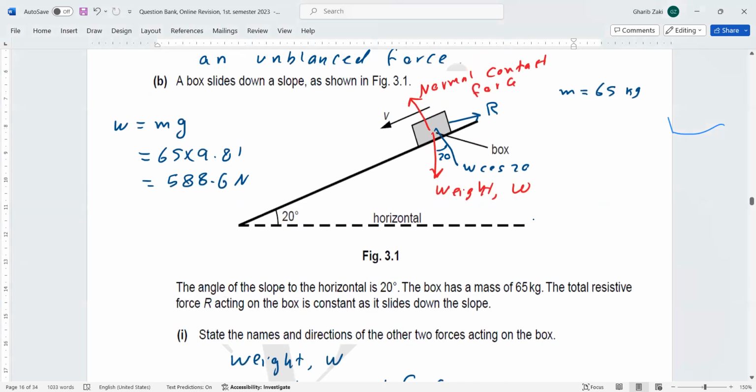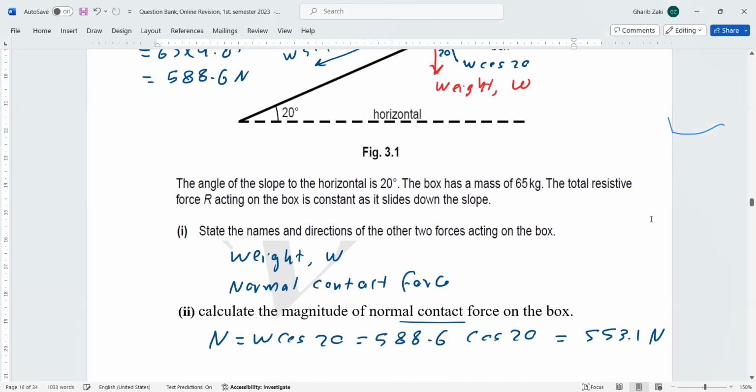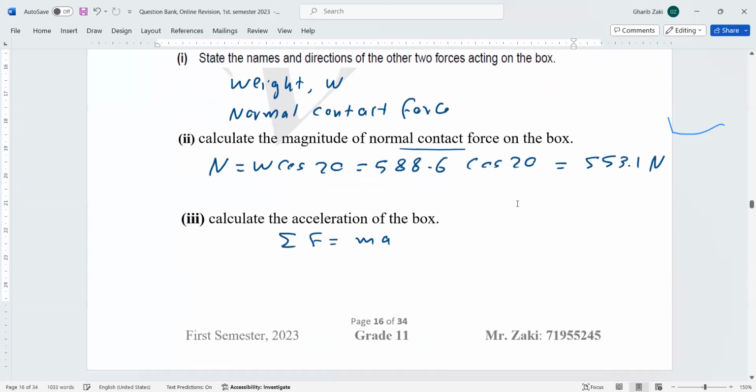So the resultant force is W sine 20 minus R. If R equals, for example, 100 Newton, then the formula is W sine 20 minus 100 equals ma.